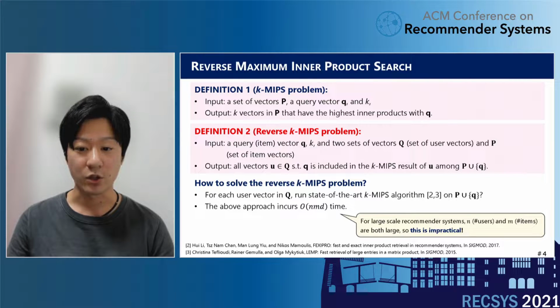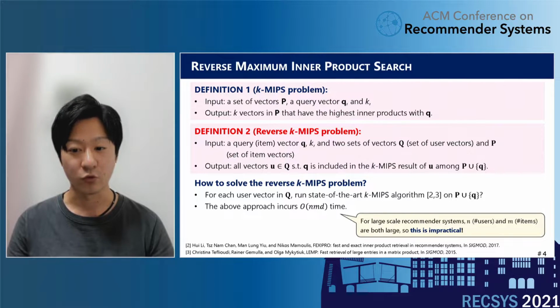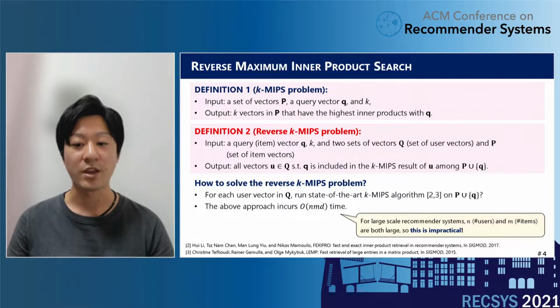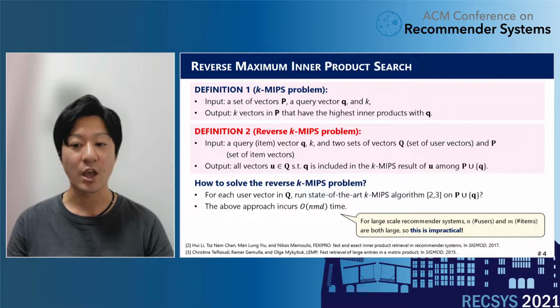Given a query vector Q, K, and two sets of vectors, large Q and P, this problem finds all user vectors U in Q such that the query is included in the K-MIPS result of U among P and the query. To simply solve this problem, we can run a state-of-the-art K-MIPS algorithm for each user vector in Q.